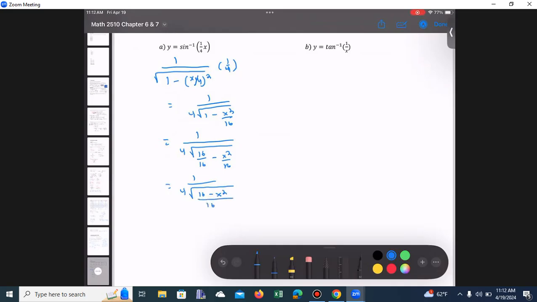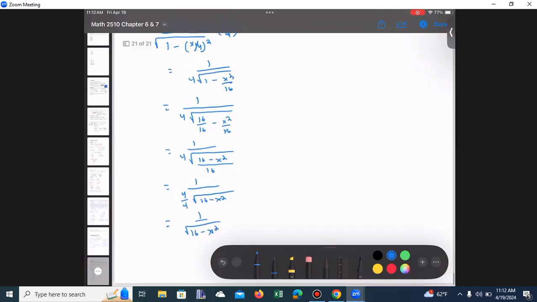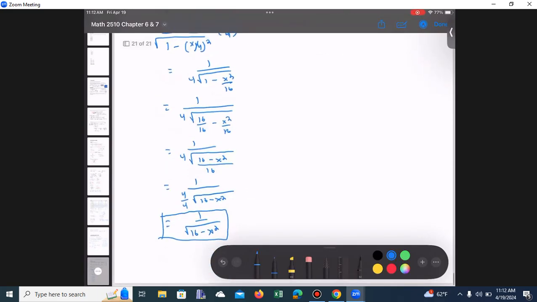You have 16 on the bottom. You can take the square root of that 16 on the bottom, and it'll just give you 4, and that cancels out with that 4. So 1 over square root of 16 minus x squared. And that's your derivative of inverse sine of 1/4 x.